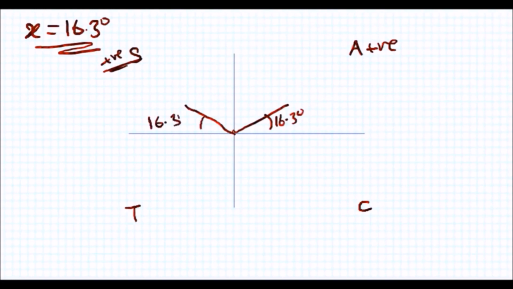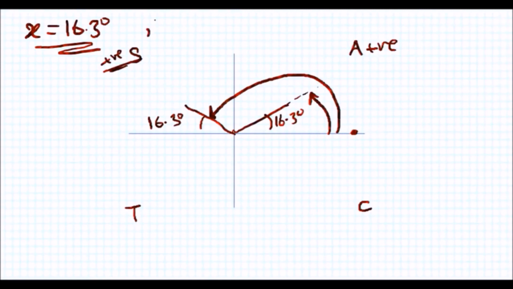To get the final solution, all you do is start from 0. So 0 begins here. A half circle is 180, a full circle is 360. So the length firstly to here is obviously 16.3. Now the length from 0 all the way here will be just before 180.